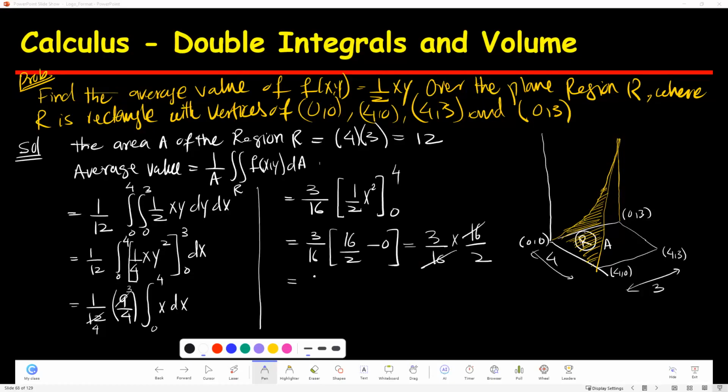These are cancelling out, so 3 over 2 is my average value, which function? This function.